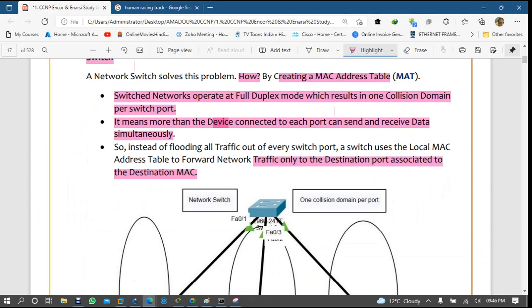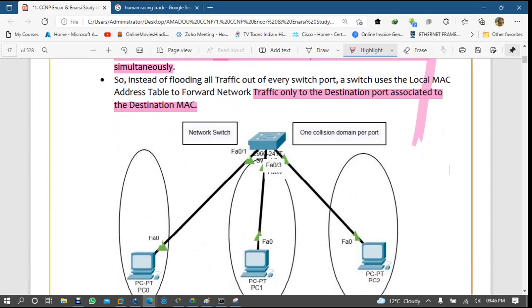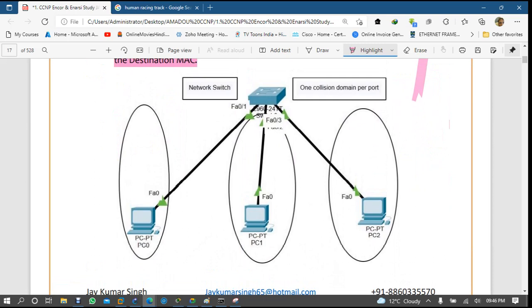So you can see here, this is your switch, and it says one collision domain per port. We'll come to know about broadcast domain also.